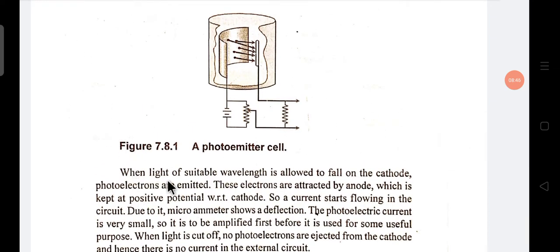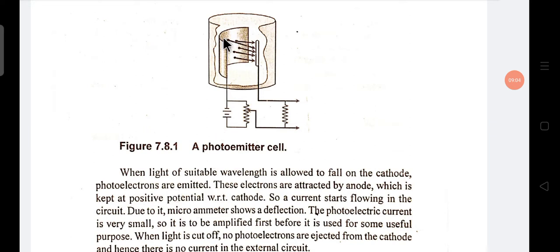When light of suitable wavelength is allowed to fall on the cathode, photoelectrons are emitted.